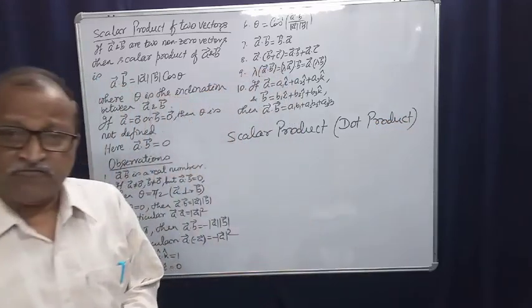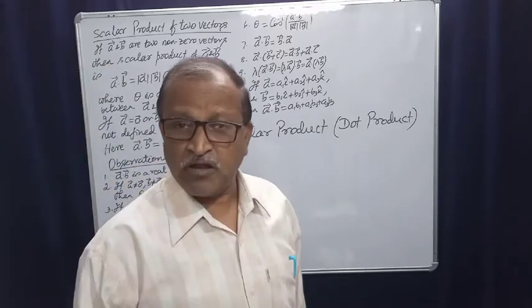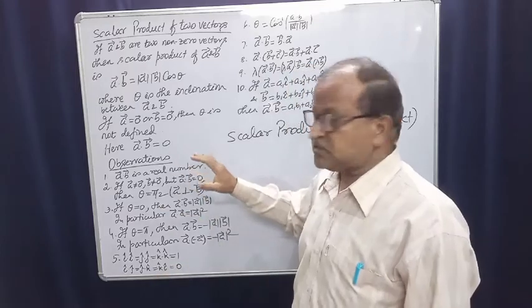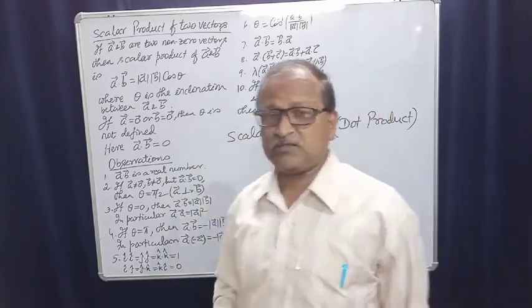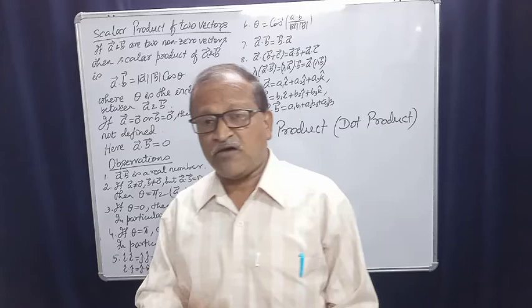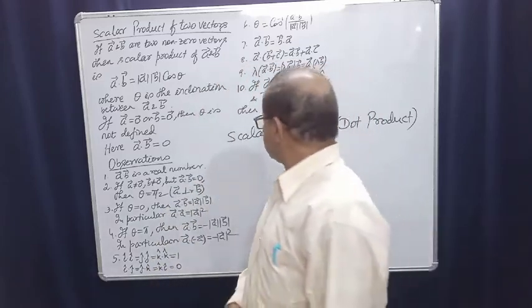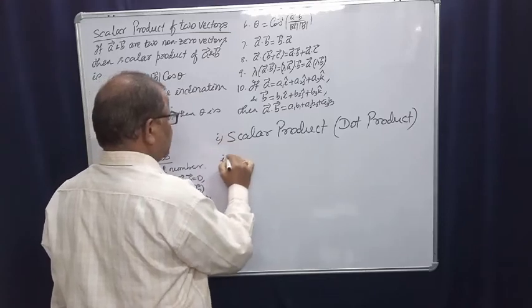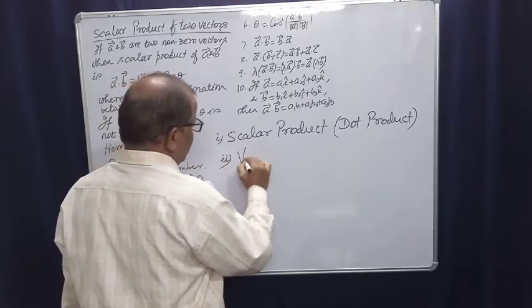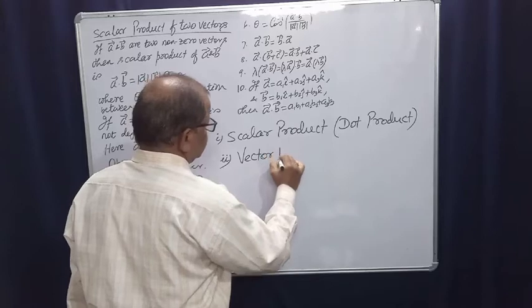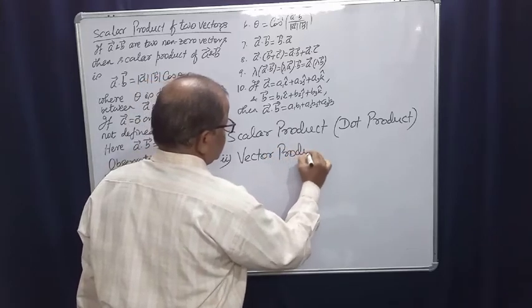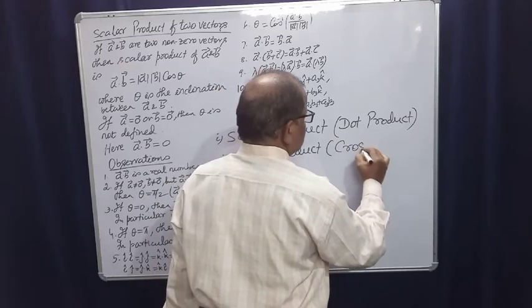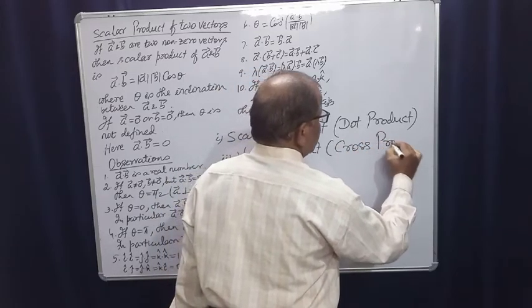We know the product of scalars, product of real numbers, right? Product of sets we have discussed. Today we will discuss product of vectors. Product of vectors are of two types. One is scalar product or dot product. The second one is vector product or cross product.